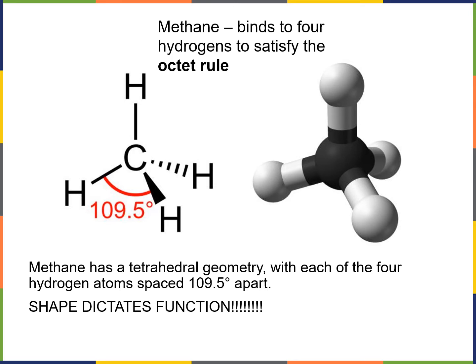And if you look at it and you squint, this hydrogen to that, and back up, 1. This one to this one, then back up, 2. Here to here to here, 3, and then down here, 4. Carbon wants to form that tetrahedron shape. They will always form that shape. And remember, shape dictates function.